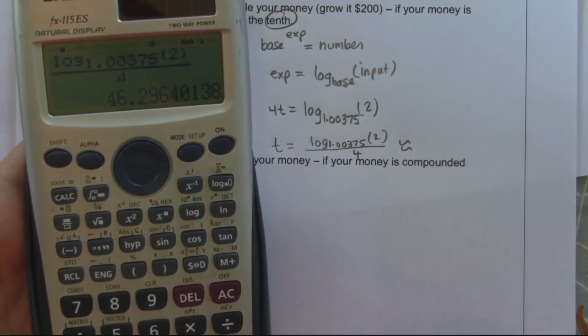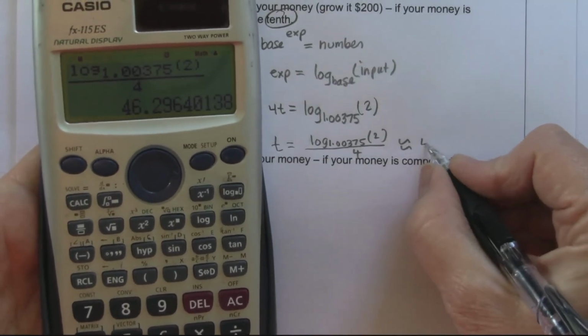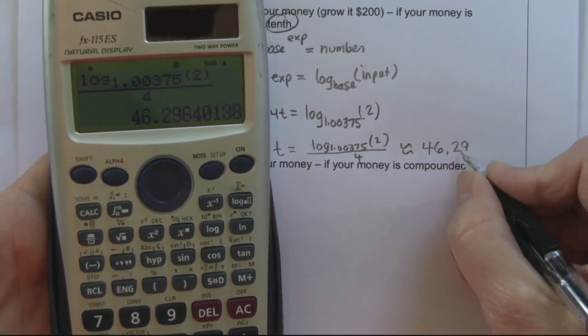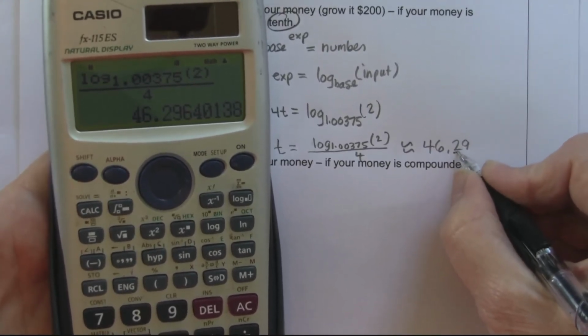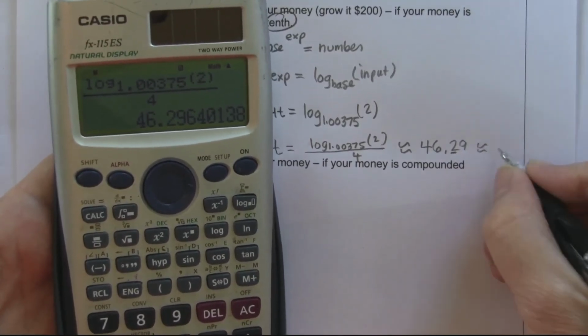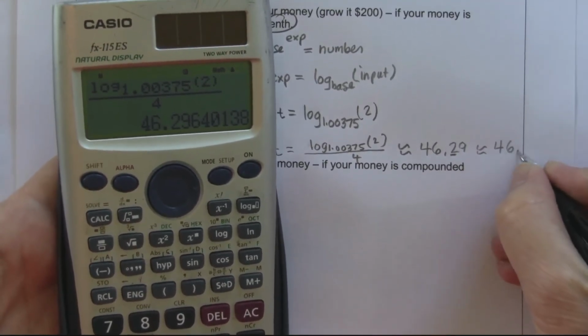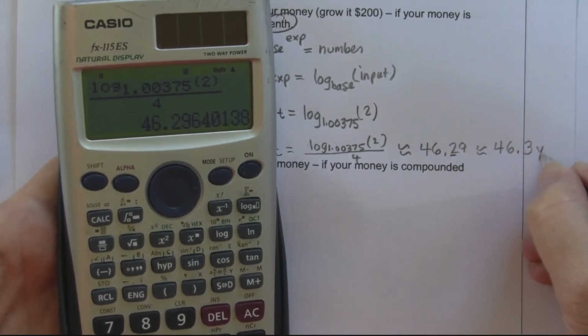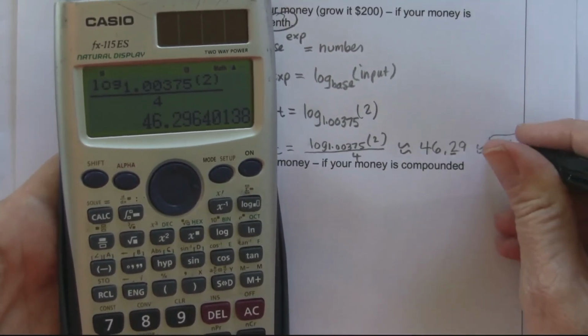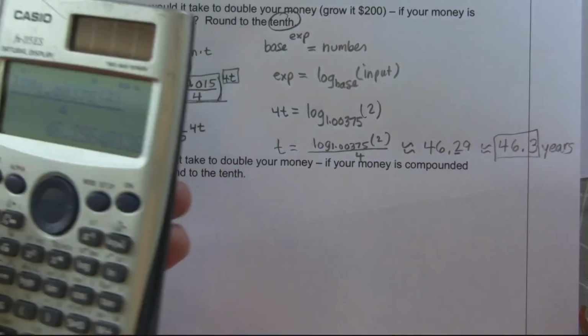And so this is 46.29 to the 10th, though. That's the 10th spot. So the 9 makes that a 3. So this is, rounding appropriately, 46.3 years, believe it or not, for that money to double. Yeah, that's not a very high interest rate.